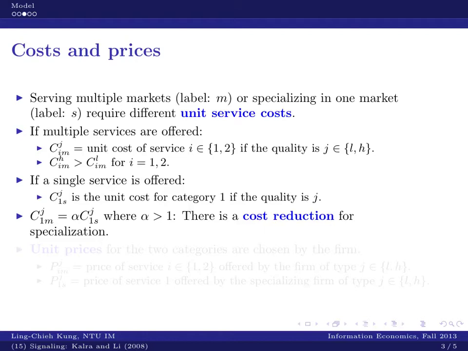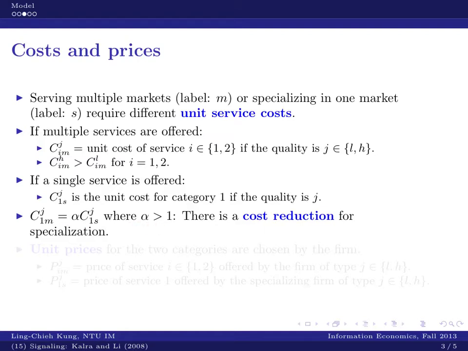So the assumption here is telling us that there is a relationship between the cost for the first category for the same service, but if you are doing it with multiple services, or if you are doing it with specialization, the cost will be different.